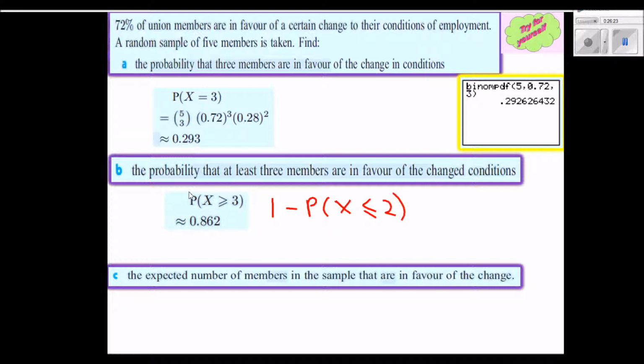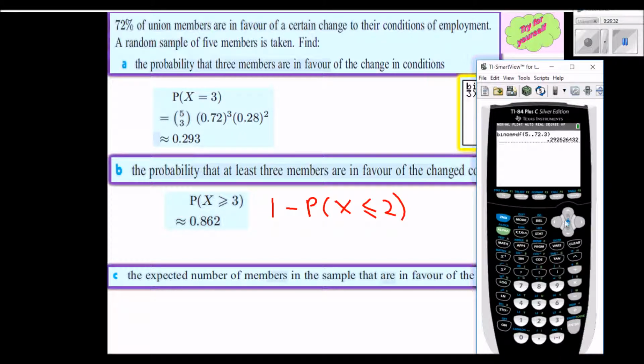So probability x is greater than or equal to 3 is 1 minus probability x is less than or equal to 2. Because that's an accumulation, do you use binomial Pdf or binomial CDF? Let's see. We go second vars, and it's binomial CDF because it's an accumulation of a number of them added together.